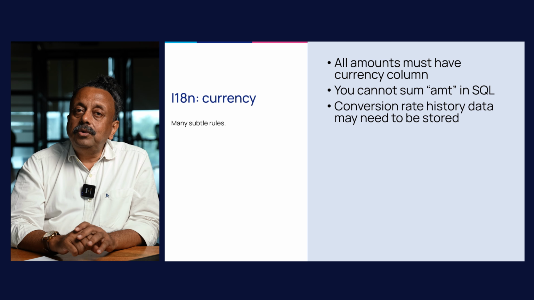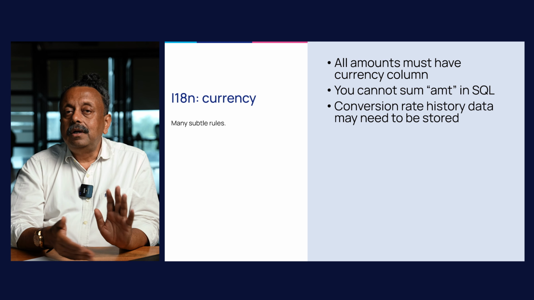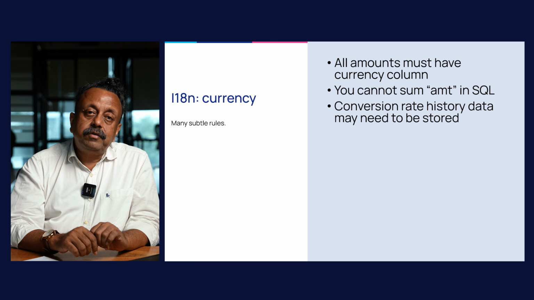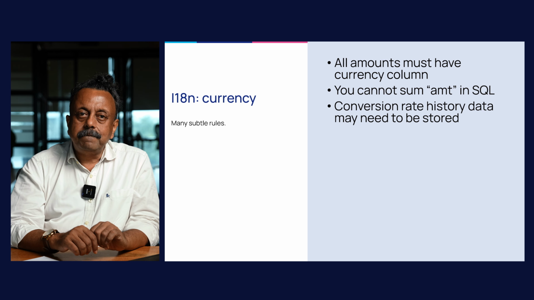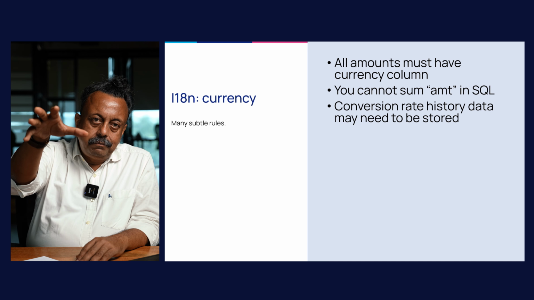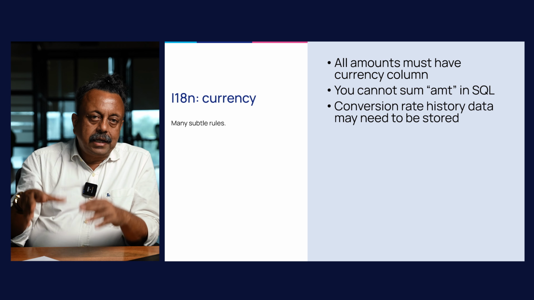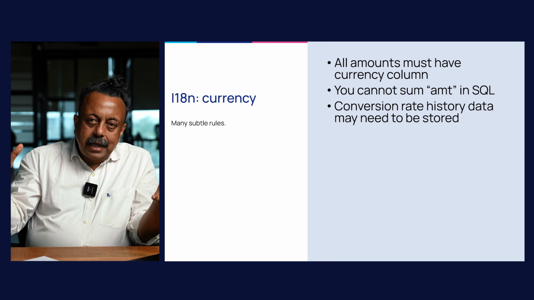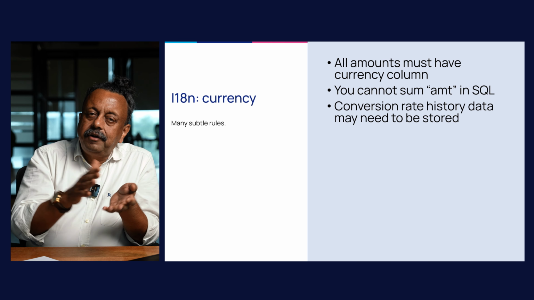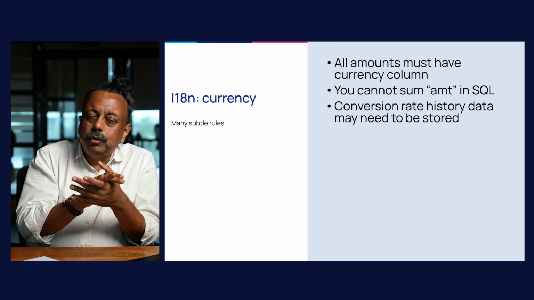The third thing that you need to worry about, and there your business rules and your business processes will come in, is do you need to store conversion data history? For instance, if I am generating a P&L and balance sheet for a particular company, then I will typically need to aggregate all the amounts in different currencies, convert them to one currency and report on an overall profit and loss or overall balance sheet value.